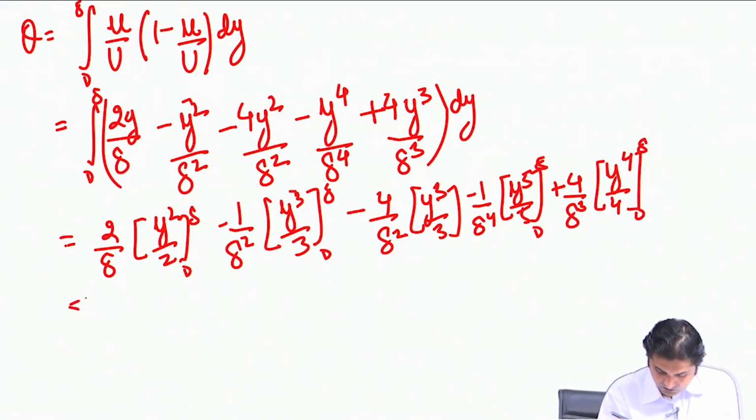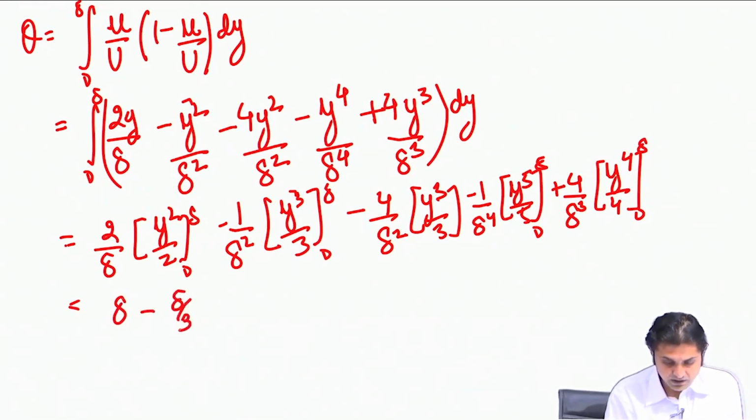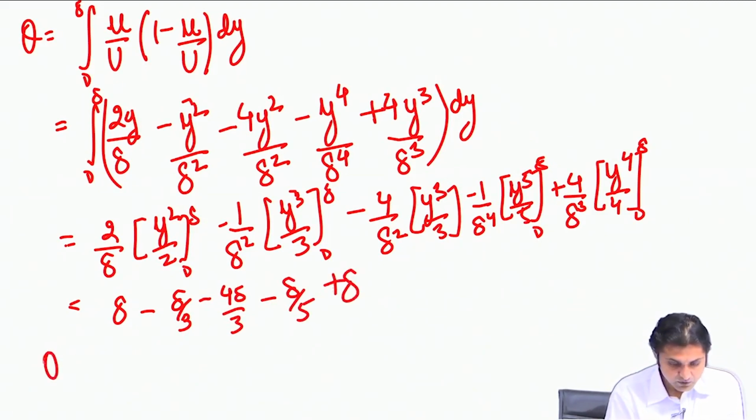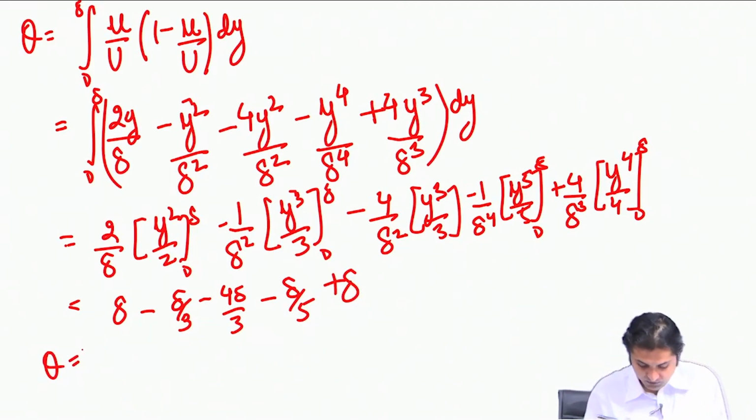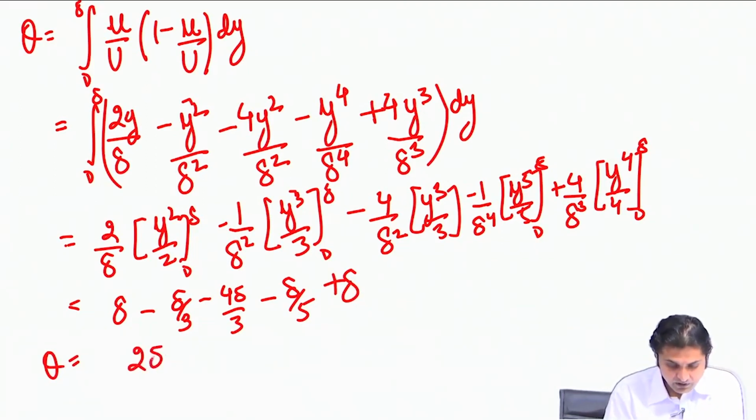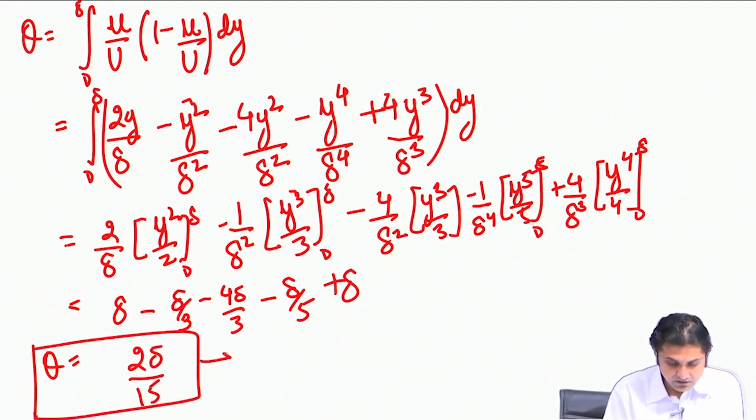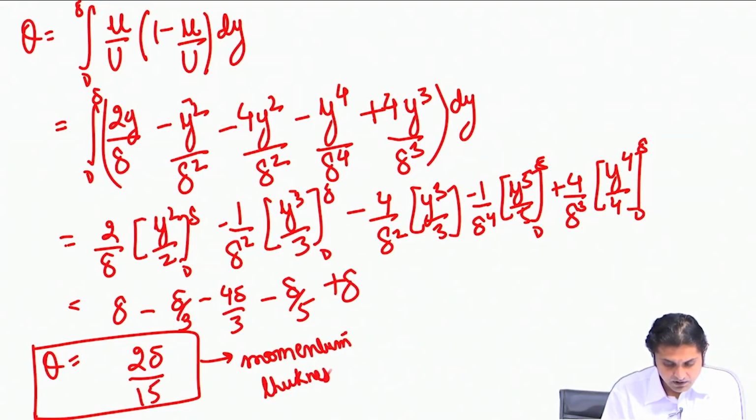And this will come out to be, the first term is going to be delta, second term is going to be minus delta by 3, minus 4 delta by 3, minus delta by 5, plus delta. So, momentum thickness is going to be 2 delta by 15. So, this is the momentum thickness.